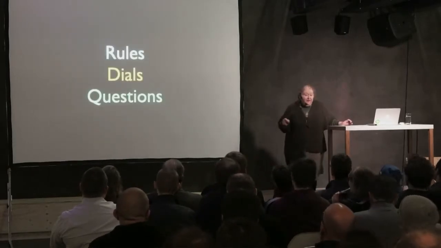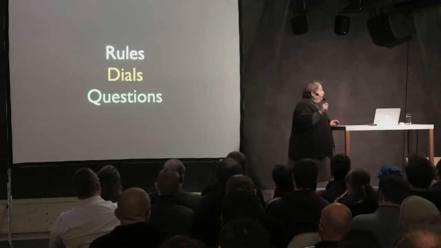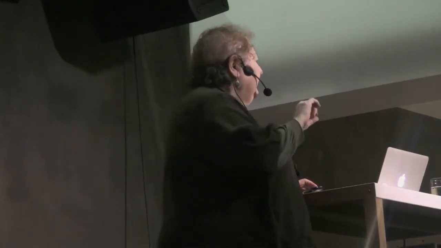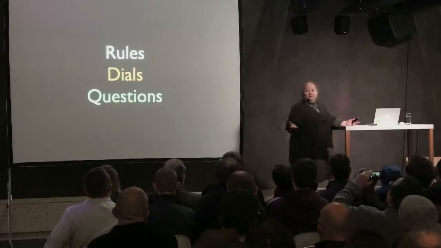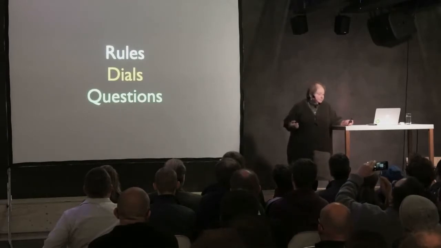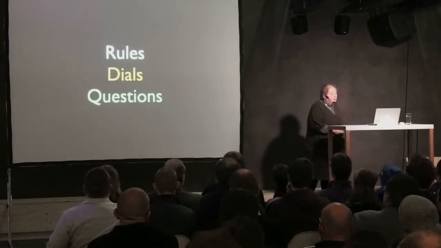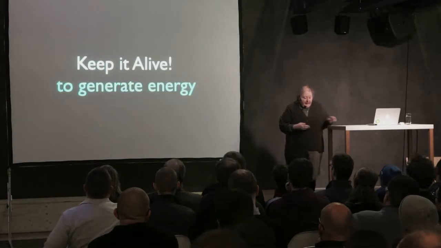For each of these 5 rules, I'm going to talk about the rule a little bit, what it means. I'm also going to talk about the metric that I use, how I think about the rule, and the questions I ask myself when I'm setting the conditions for learning. So, keep it alive.